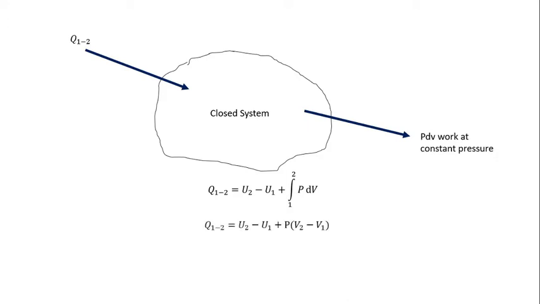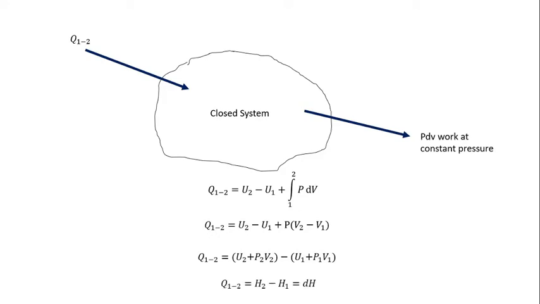When pressure is constant, we can write the integration of PdV as P into V2 minus V1, and the equation looks like this. Now we can say that Q12 equals U2 plus P2V2 minus U1 plus P1V1.